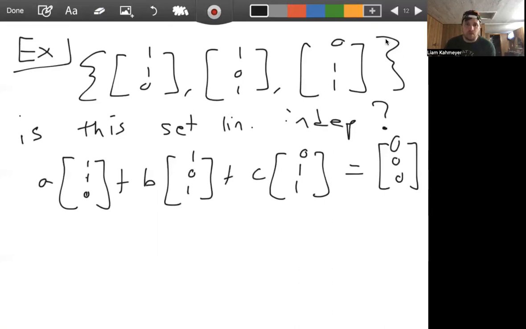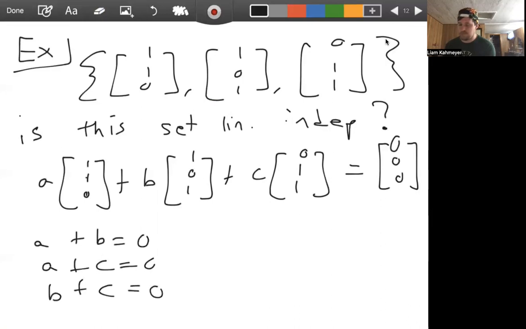How would we find that solution? Let's set up the augmented matrix corresponding to this system of equations. The system is A plus B equals 0, A plus C equals 0, and B plus C equals 0. The augmented matrix is (1, 1, 0 | 0), (1, 0, 1 | 0), (0, 1, 1 | 0).